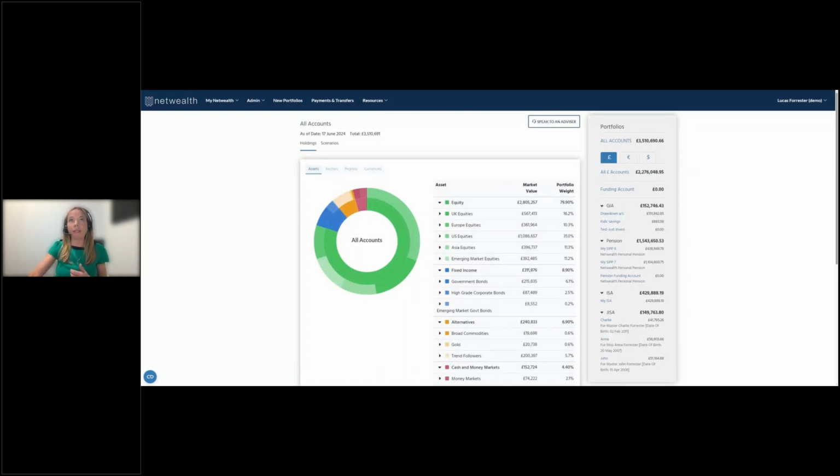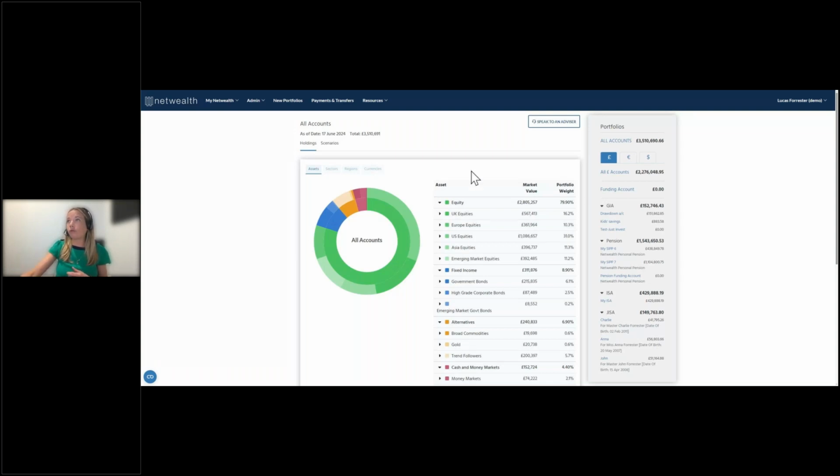So what we can see here is that we're looking at a client who has a total investment pot with Netwealth of just over 3.5 million. Our client information, so asset allocation and performance, is always reflective as of the previous day. So the data is always updated overnight. And what we can see down here is the overall asset allocation across this client's various portfolios that he may have with us.